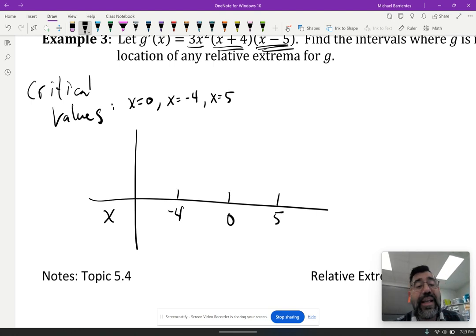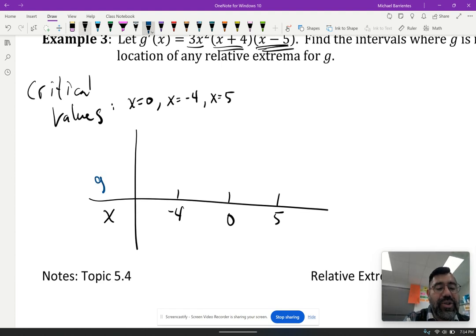By the way, I've had students in the past get really into the process that they sometimes forget: just because I found these numbers in this order doesn't mean that's the order I put them on the number line. I have to put them in numerical order. -4 comes before 0, which comes before 5. Otherwise, it's going to mess up your sign chart.